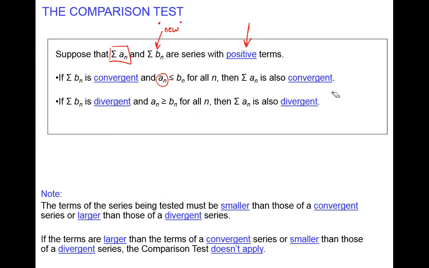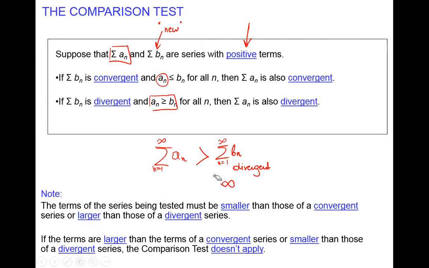Or we can also use the comparison for divergence. Let's assume that B sub n is divergent, and we suddenly have this relationship: my original summation, or the corresponding terms, are actually greater than my B sub n. We think of divergent as kind of huge, accumulating a huge number, infinity.